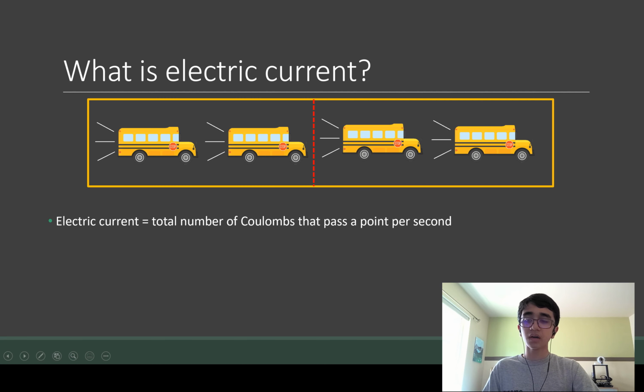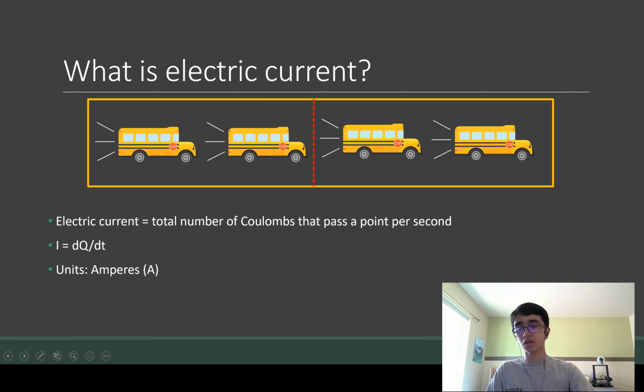So say 5 school buses cross this red point in a second. That means I have 5 units of electric current in my wire, and the unit for electric current is the ampere, right? The equation I have here is dq/dt, which is the calculus version.